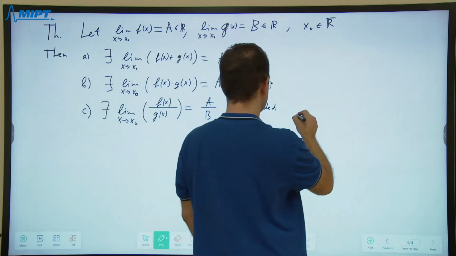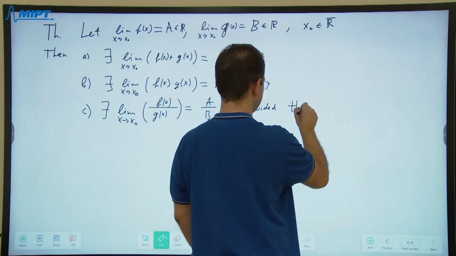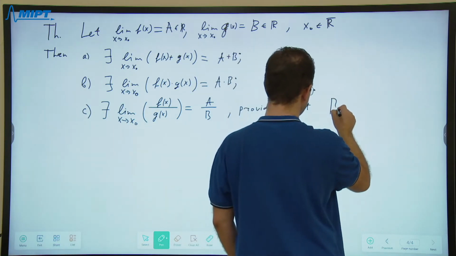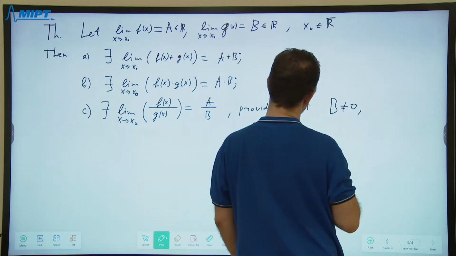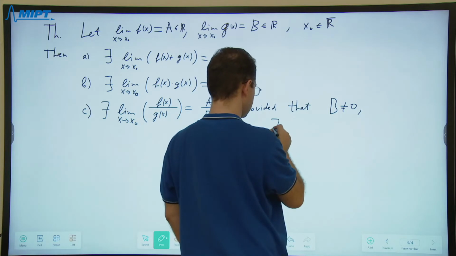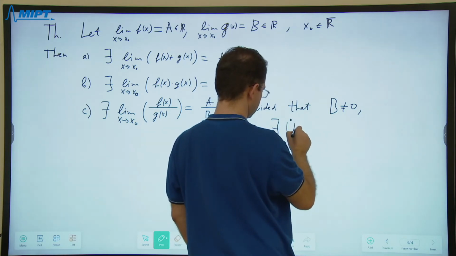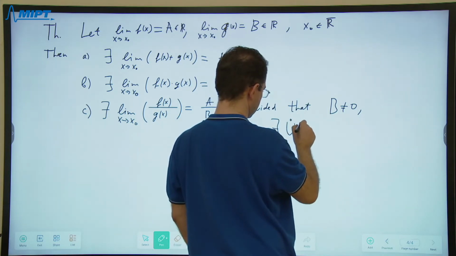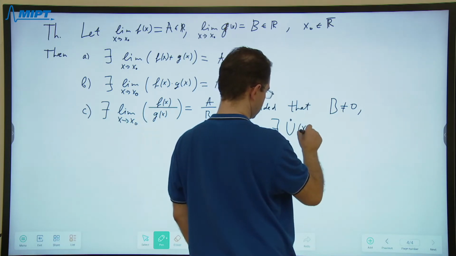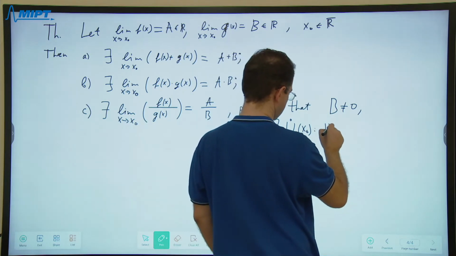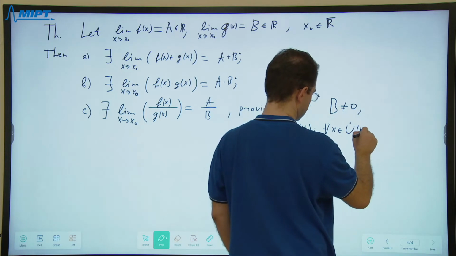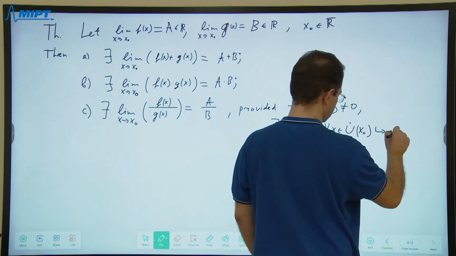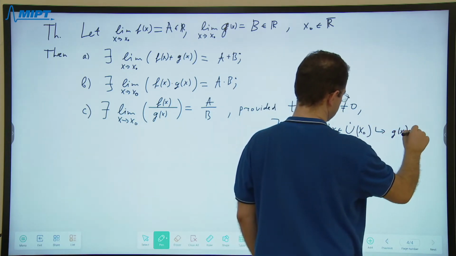Provided that b is not 0 and there exists a neighborhood of x0 such that for x from this neighborhood, g of x is not 0.